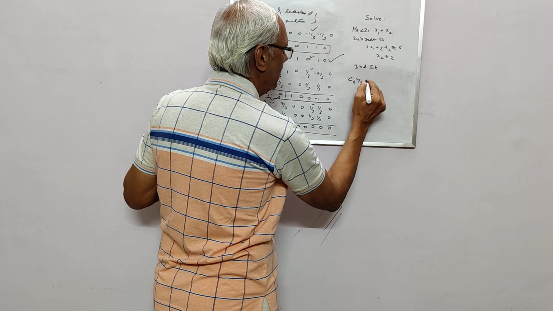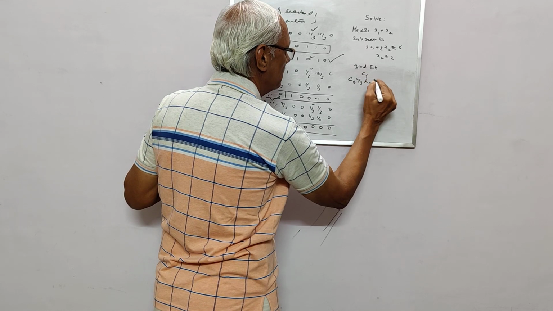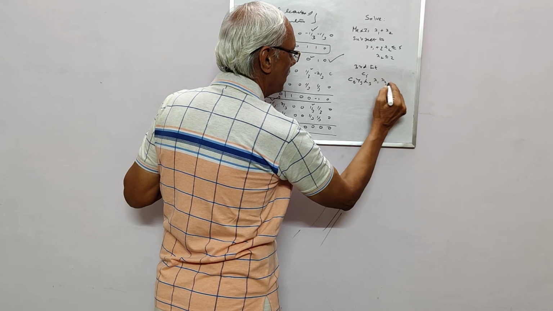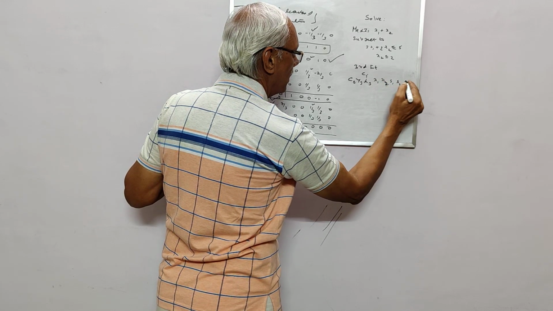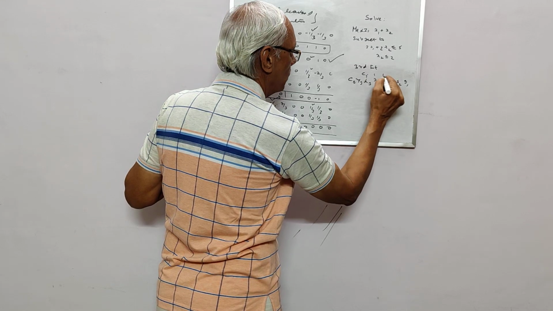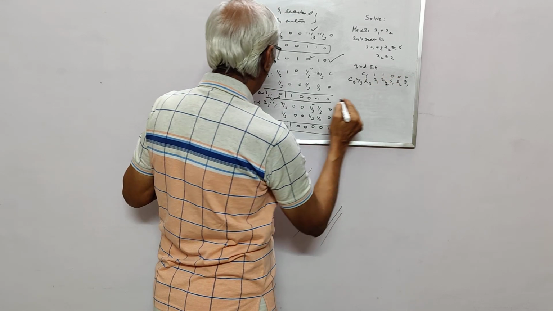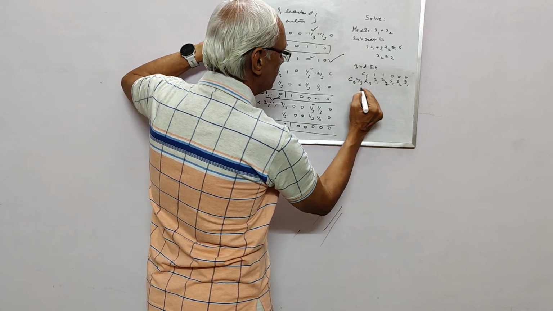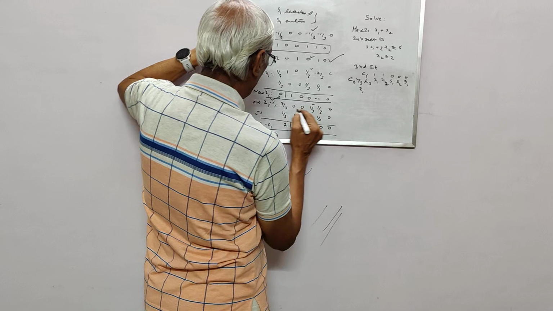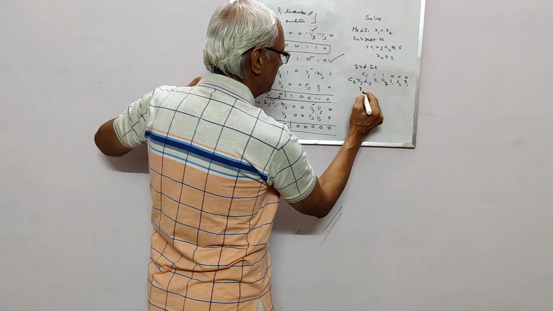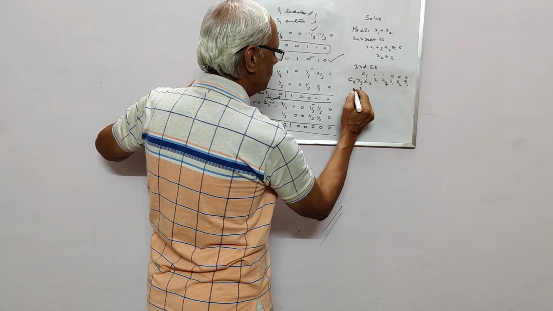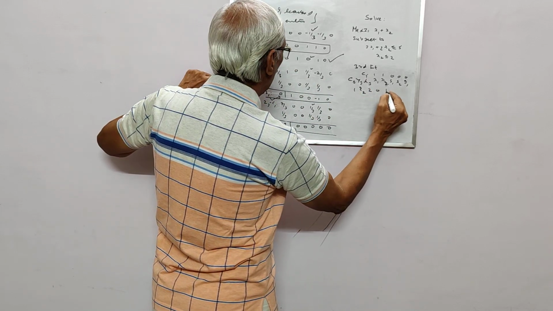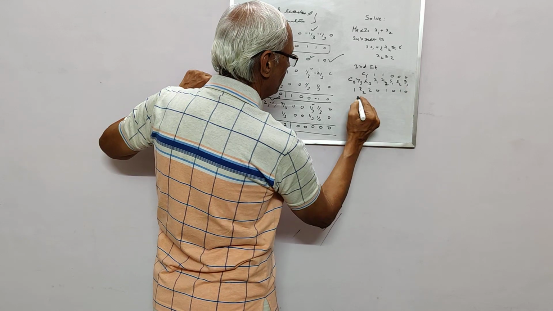CB, YB, XB, CJ. It is 1, 1, 0. Now you will write this. You can start writing with x2, or you can write x1, whatever you want to write, no problem. There is no hard and fast rule. For x2 it is 1. For x2, 2, 0, 1, 0, 1, 0.